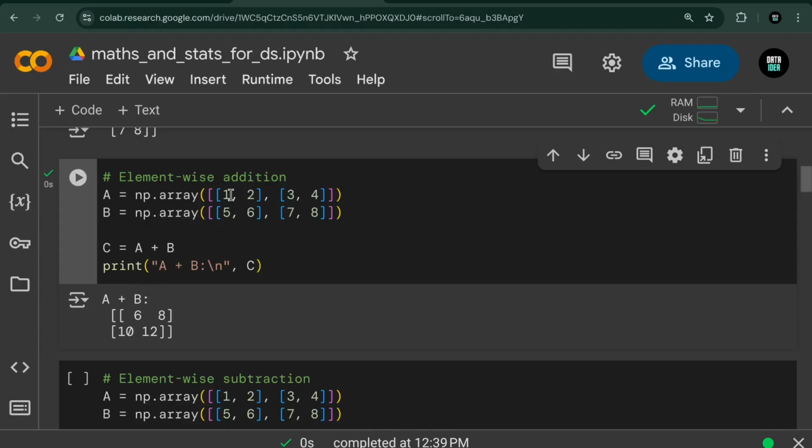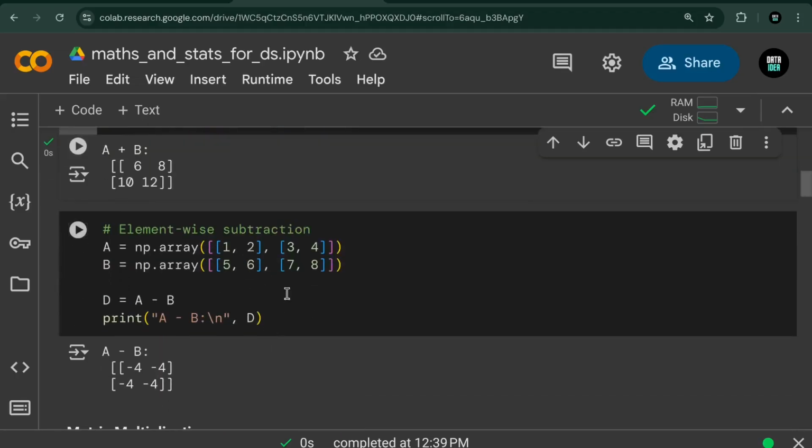As you can see, 1 and 5 will be added to make 6, then 2 and 6 will be added to make 8, and then 3 and 7 make 10, 4 and 8 make 12. And if we had more items, this is how they would be ordered.